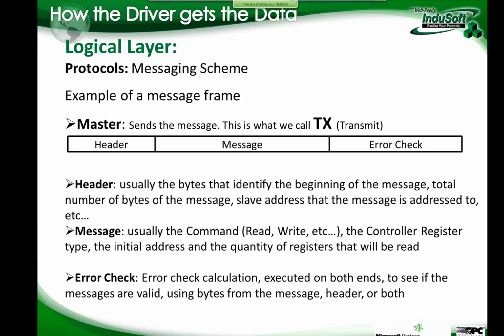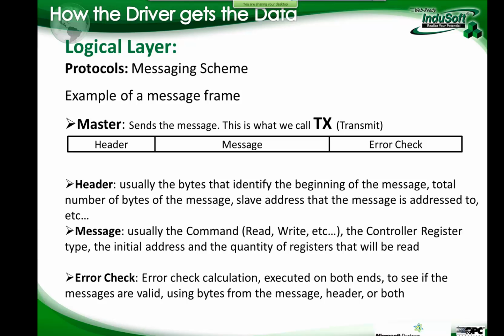Both the master and the slave need to calculate this error check to see if the message that was transmitted is consistent, because sometimes you may lose bytes in the message. Mainly when you have communications through radios or serial channels, and you're going to talk to an RTU that is remote, let's say in the Gulf or at a water station, you may lose bytes there.